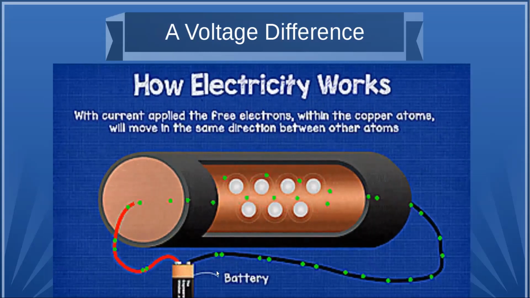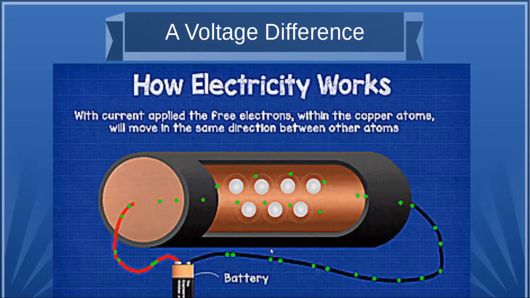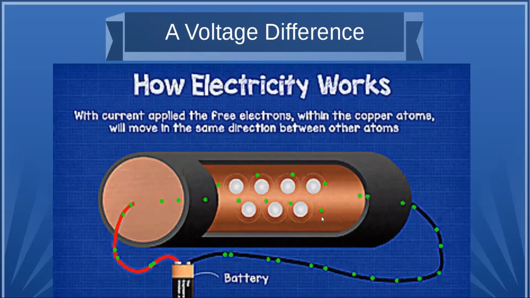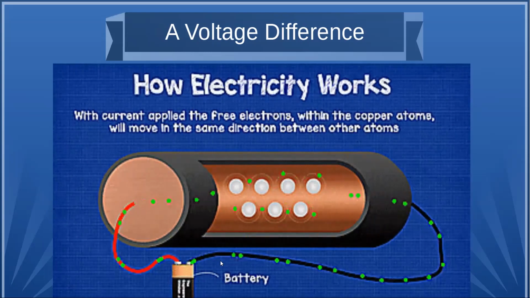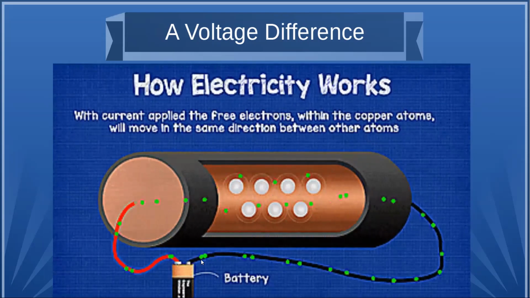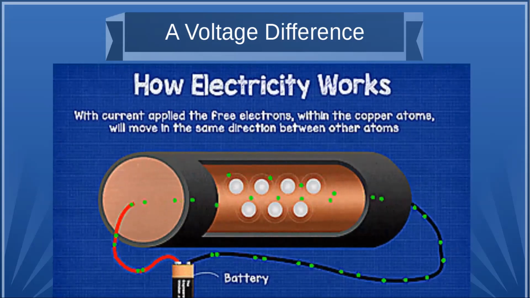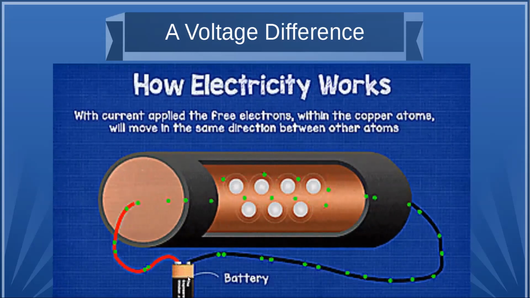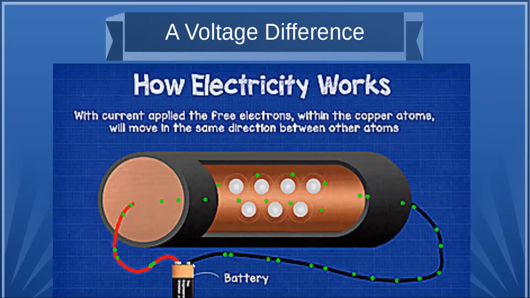Now, if we apply a potential, like hook a battery up to that wire, okay, this, we'll talk about this a little bit, is actually showing electron flow. And you notice, if you're familiar with a 9-volt battery, this is the positive terminal where it's black.